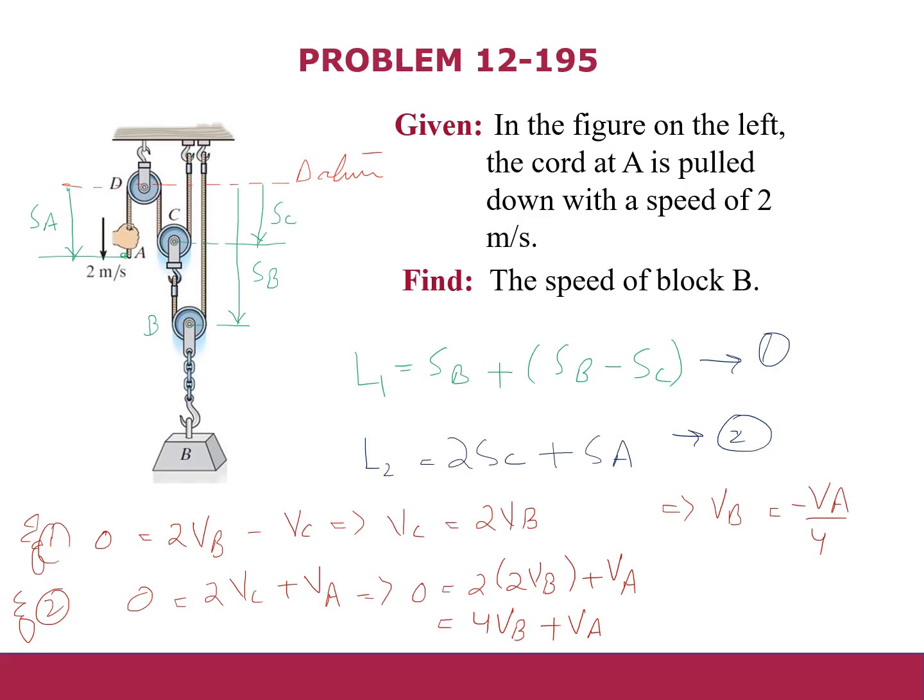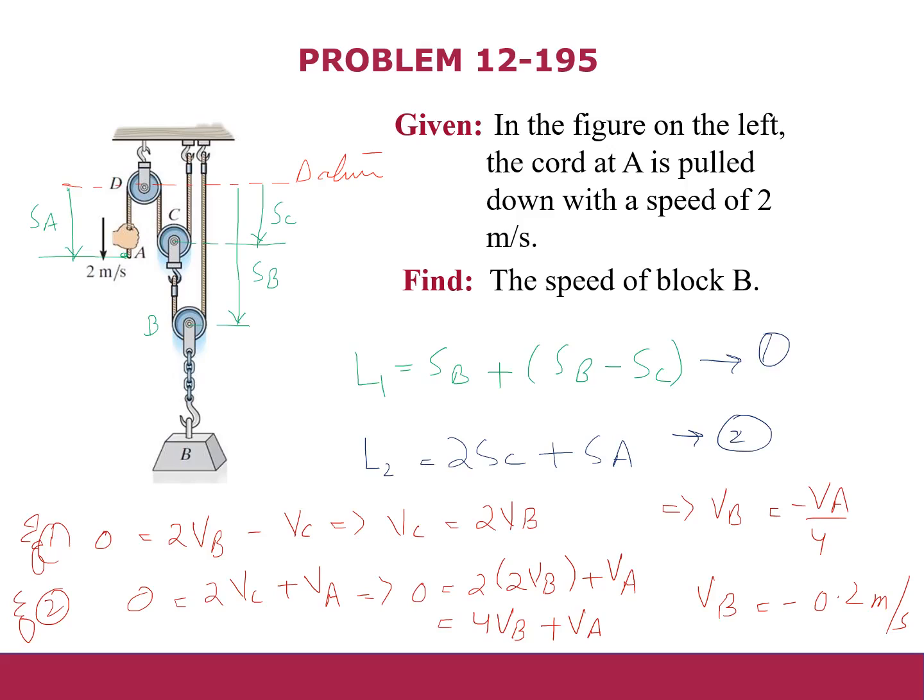This VA is 2, so our VB will become minus 0.5 meters per second. The negative sign indicates that one body is moving downward and the other body is moving upward. So this is the way you can solve for the kinematic parameters of bodies which are dependent on each other.